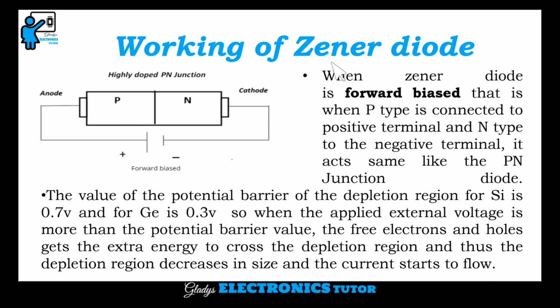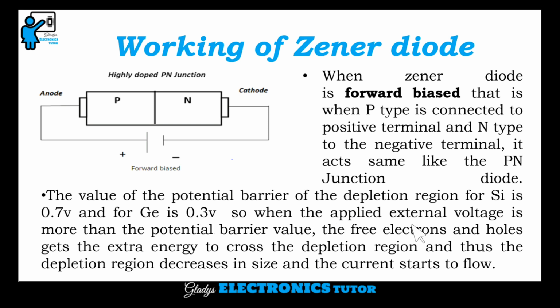Next, we'll see about the working of Zener diode. When Zener diode is forward biased, that is, when P-type is connected to positive terminal and N-type is connected to the negative terminal, it acts same like the PN junction diode. The value of the potential barrier of the depletion region for silicon is 0.7 volt and for germanium is 0.3 volt.